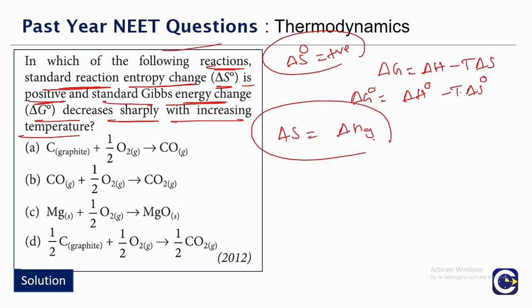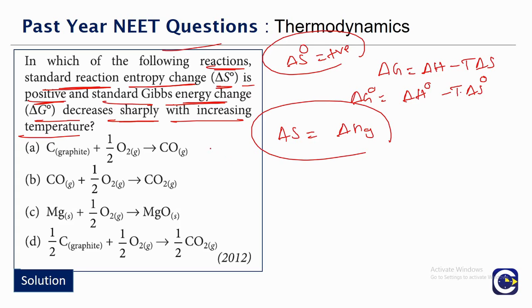We cannot say exactly with del Ng, but we can quantify the delta S by looking at the del Ng value. Where del Ng is positive, that means in that case the product side gas moles are more, which means the entropy there is more. Product side entropy is more. Okay? So we have to look for where the delta Ng is positive.